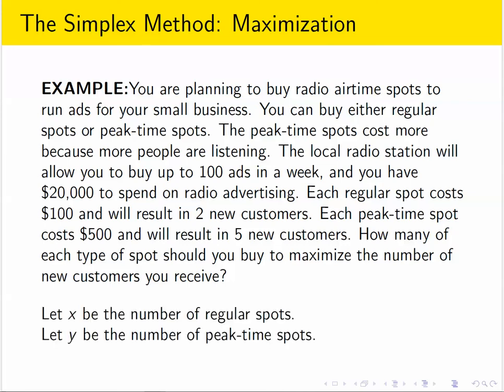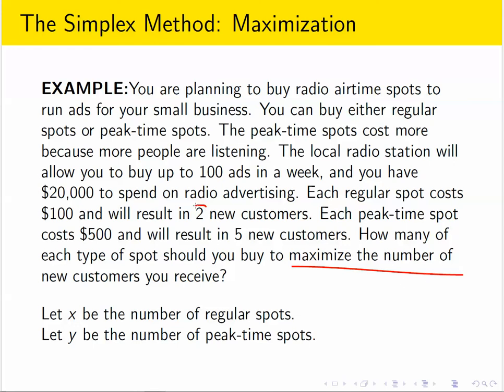So let's introduce variables to represent the unknowns and write down what those variables will mean to us. So I'm going to let x be the number of regular time spots, and I'll let y be the number of peak time spots. Using those symbols, we'll begin to translate the values that are given in the description of this story problem. Now, we want to maximize the number of customers, so we need to look through the information described here to figure out what that function is that we're maximizing.